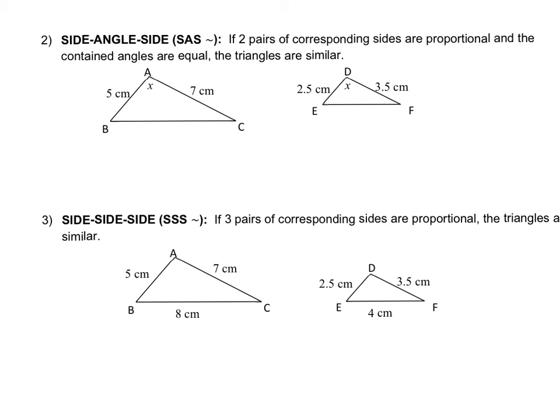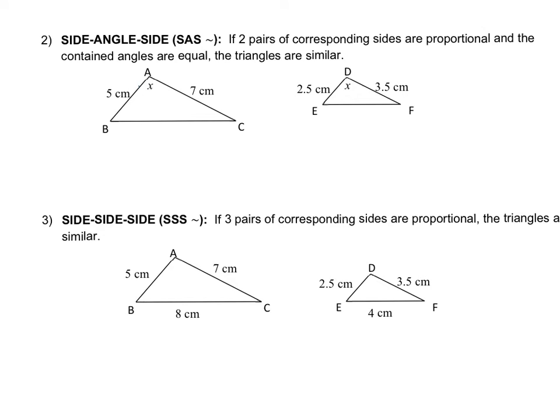Another way to prove that triangles are similar to each other is through the side angle side similarity theorem. If 2 pairs of corresponding sides are proportional, so if you do the ratios and they equal each other, and the contained angles are equal, then you know that the triangles have to be similar. So let's look at our 2 triangles here.